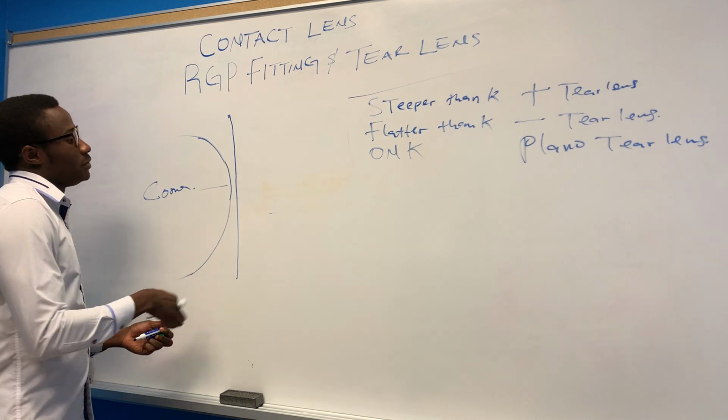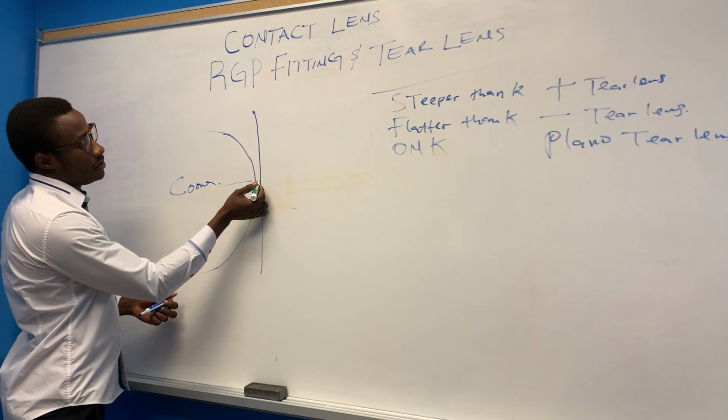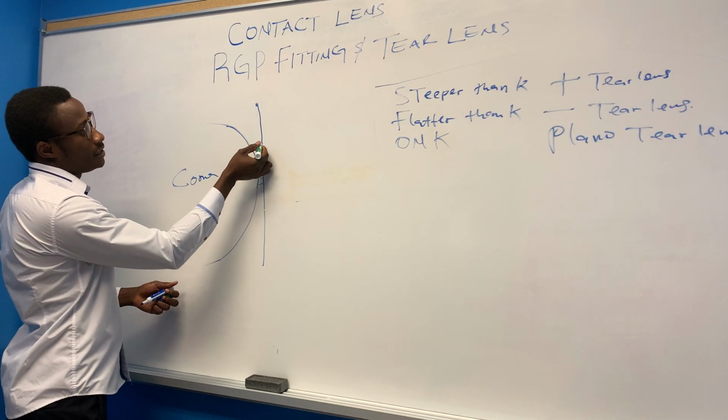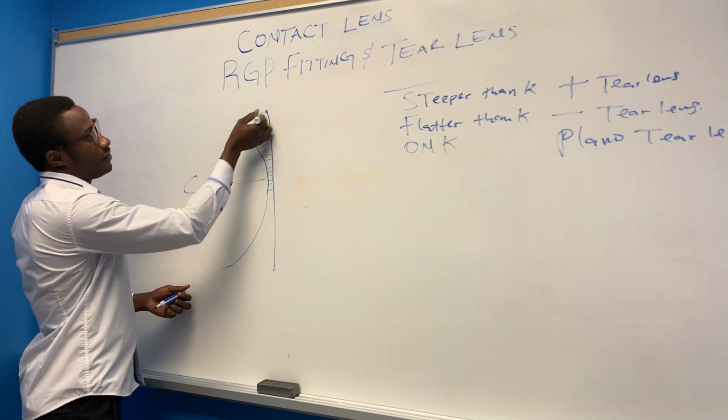So in between the RGP lens and the cornea is filled with tears. This is one thing you should always have at the back of your mind.